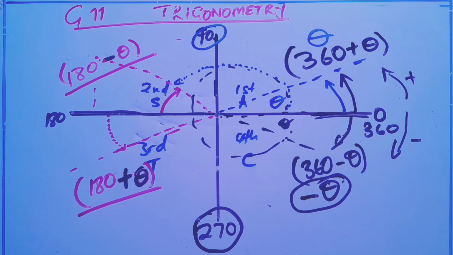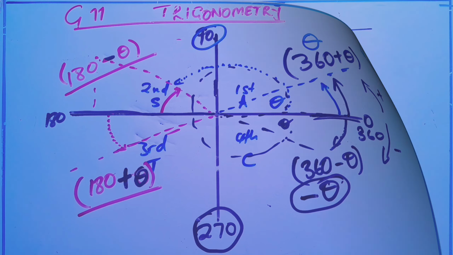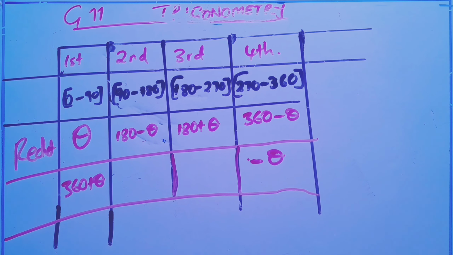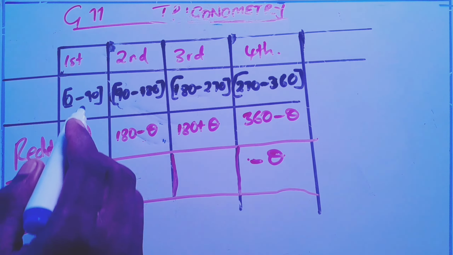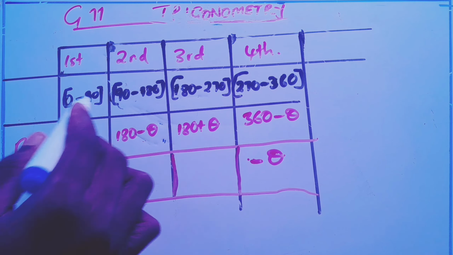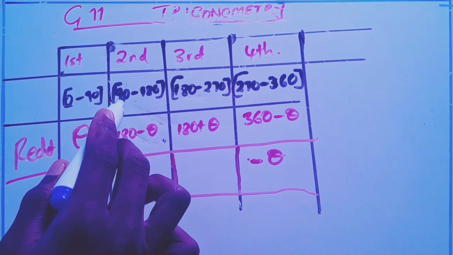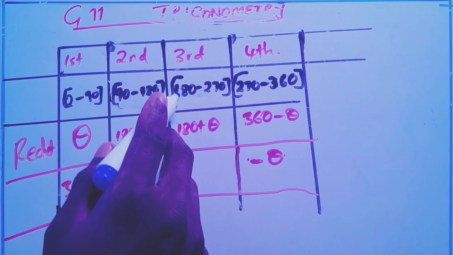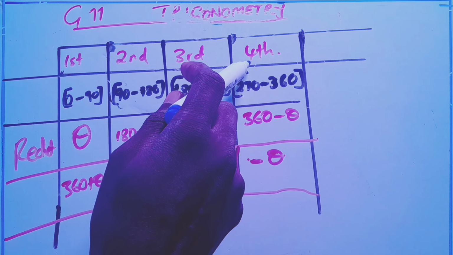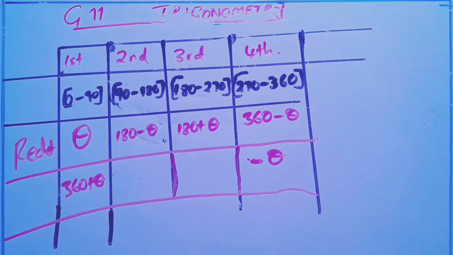So let me just make a table that can represent which reduction formula to use and in which quadrant, right? So let's take a look at these guys. The first quadrant ranges from 0 to 90 degrees, second quadrant from 90 to 180, third quadrant from 180 to 270, and then the fourth quadrant from 270 to 360.